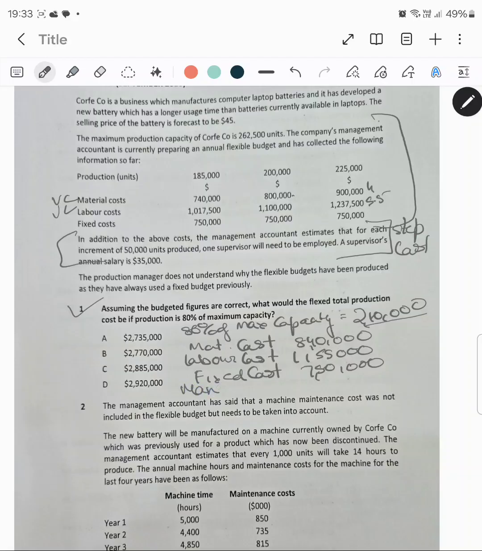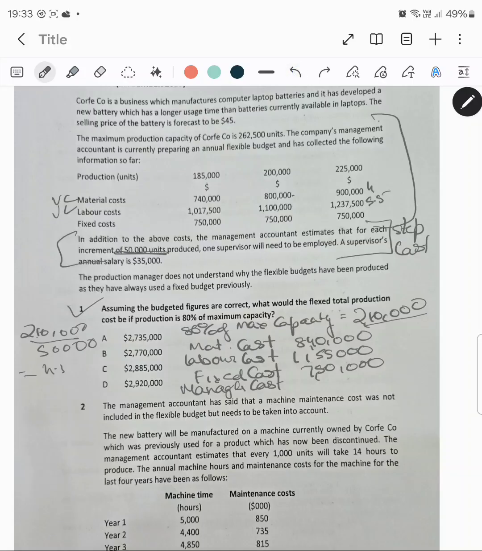So I need to write over here the manager's or the supervisor's cost. Now the question is 50,000. When I was calculating, 2 lakh 10 divided by 50 gave me 4.5.